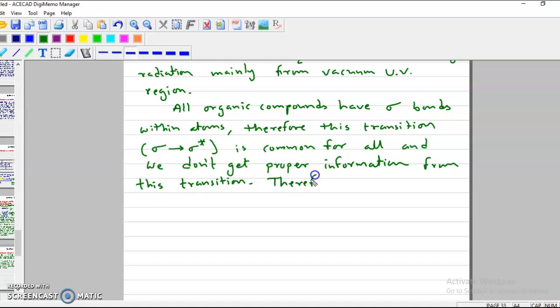Therefore, it is common practice to avoid the sigma to sigma star transition.